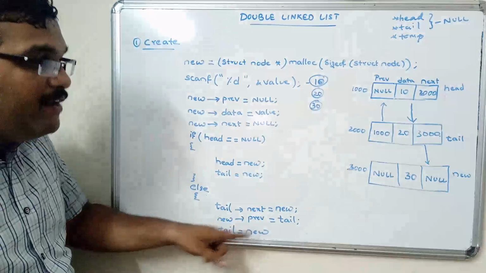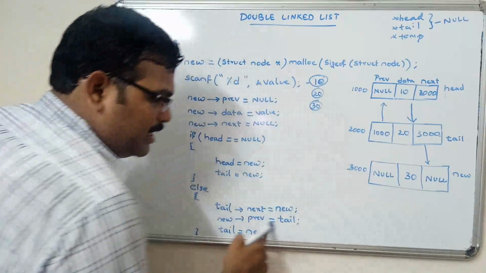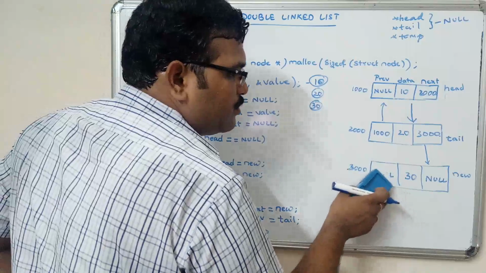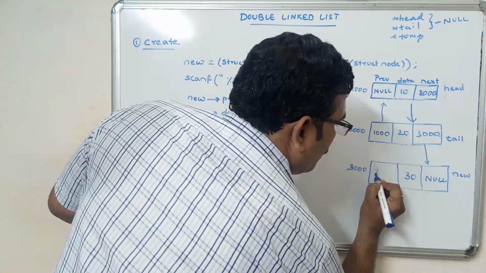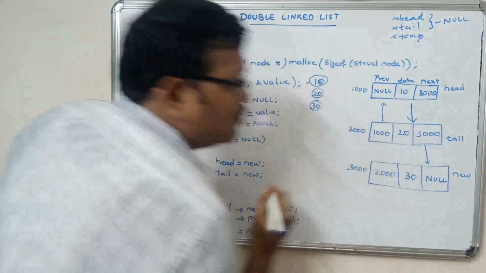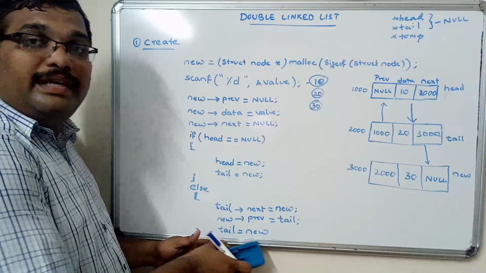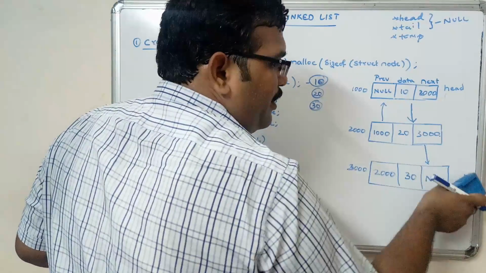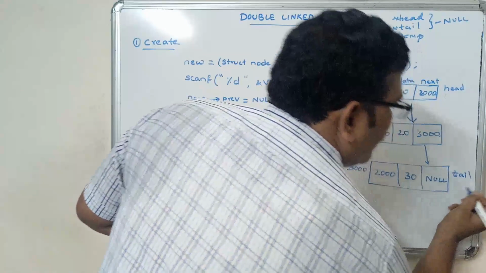Next, new of previous is equal to tail, that means 2000, so here we have to place 2000. Next, tail is equal to new. So the tail will be replaced here, and the tail will be here.